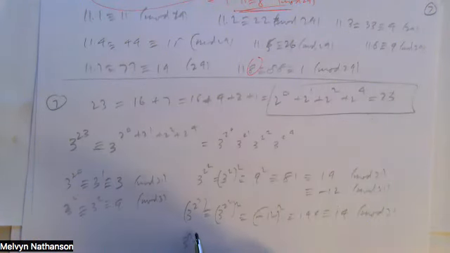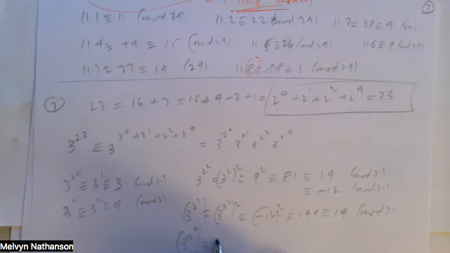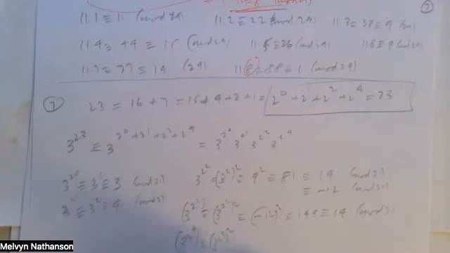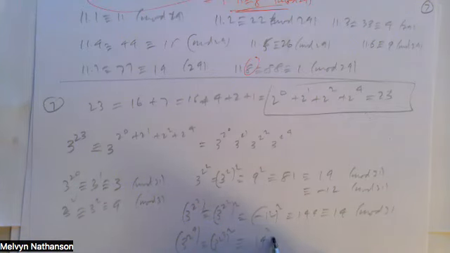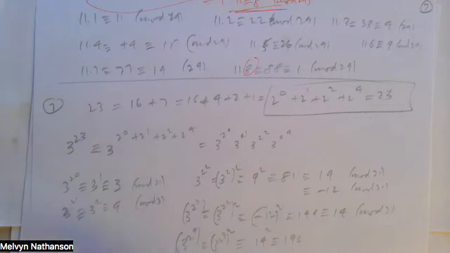And 3 to the 2 to the 4th power is 3 to the 2 cubed squared, is 14 squared, which is 196. I think this is also 14.